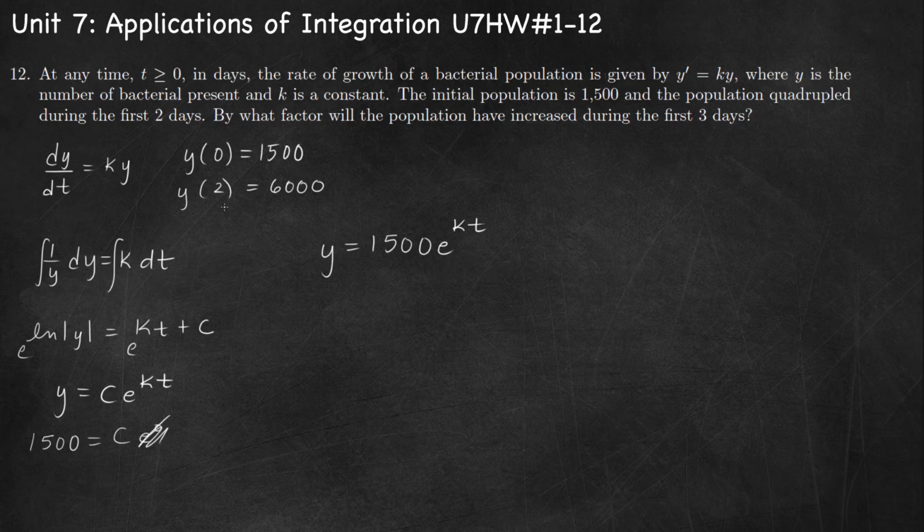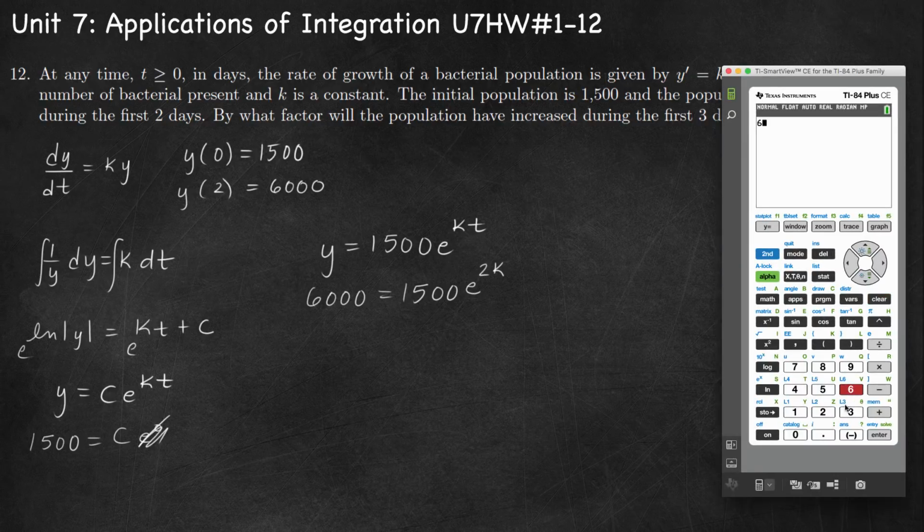We can use our second pair to solve for k. 6,000 equals 1,500 e to the 2k. We divide by 1,500, take the natural log, and then divide by 2. So 6,000 divided by 1,500.